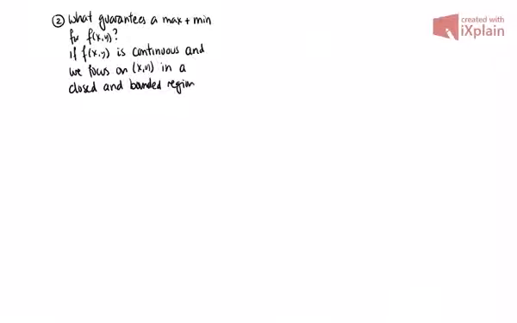If f of x, y is continuous, and we focus on x, y in what's called a closed and bounded region. Without giving a formal definition of closed and bounded, let me give an informal definition.